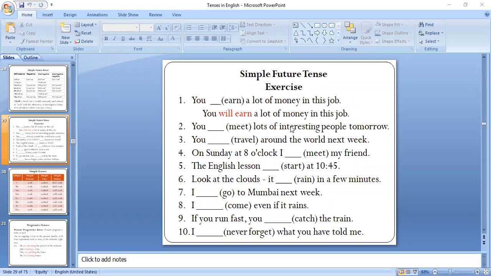After looking at the situation of the clouds, someone is predicting that, look at the clouds, it will rain in few minutes.